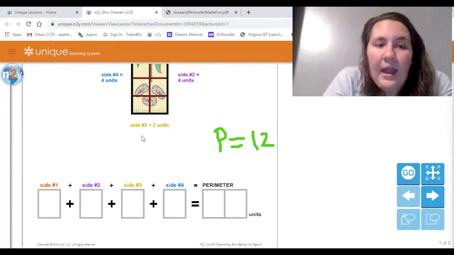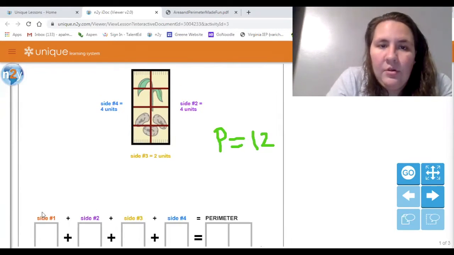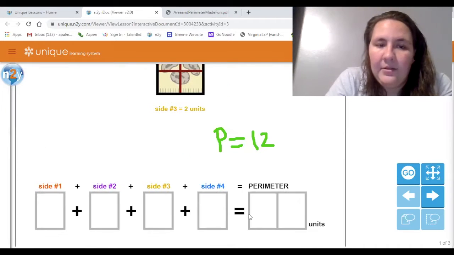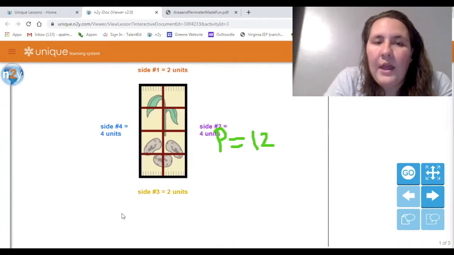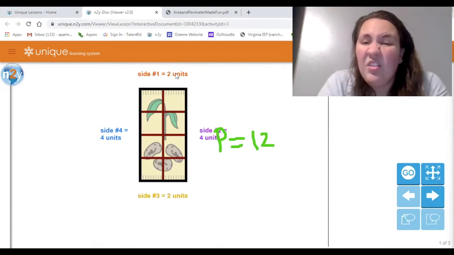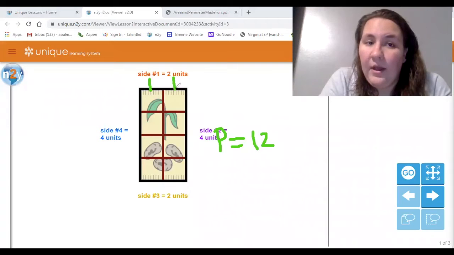So let's look at side 1, and it looks here like side 1 is orange, according to our math sentence down here. So side 1 is orange, and it says side 1 equals 2 units. So that means if they just counted that side, that they would get 2. 1 and 2 for that side, okay?